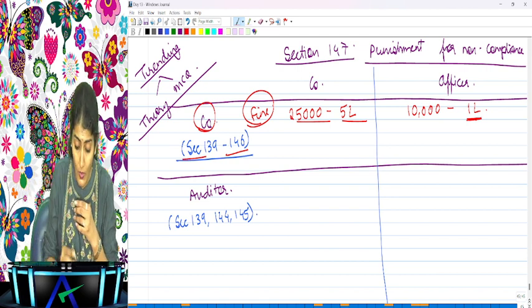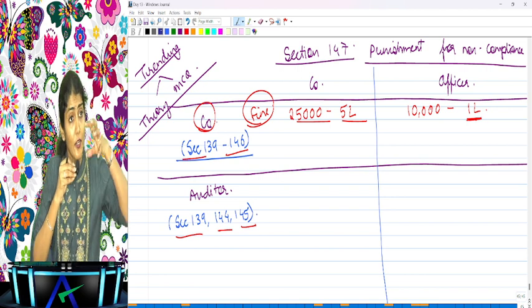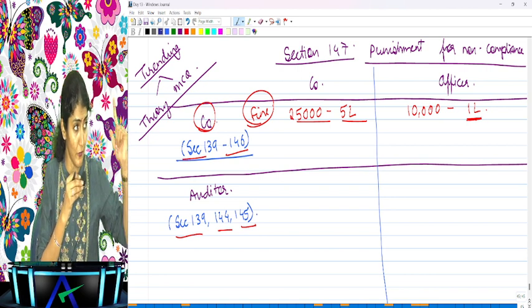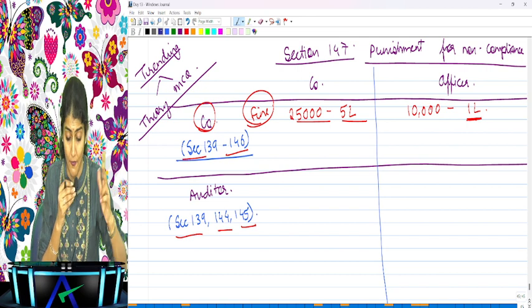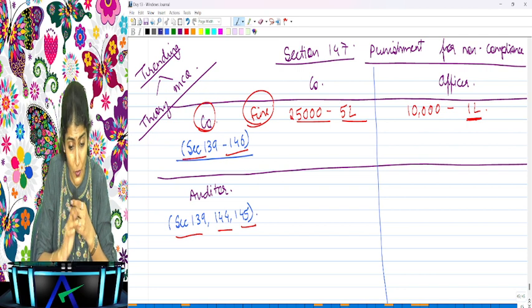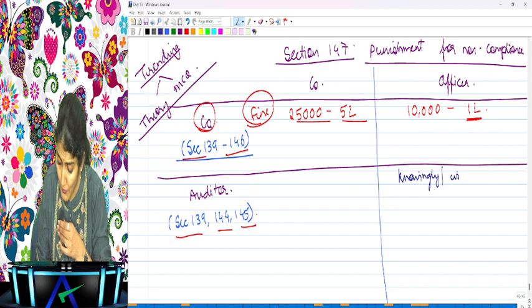Okay. Now, the auditor of the company, are you all with me? Yes, the auditor of the company has not complied with section 139, 144 and 145, and he has not complied with these sections either unknowingly, or knowingly and willfully. Knowingly and willfully means you know you are the statutory auditor of the company.